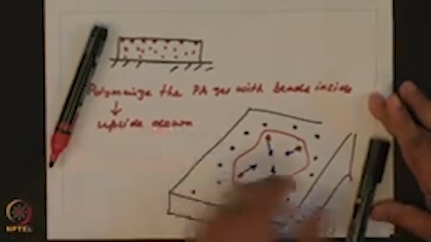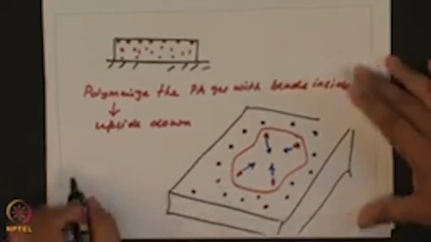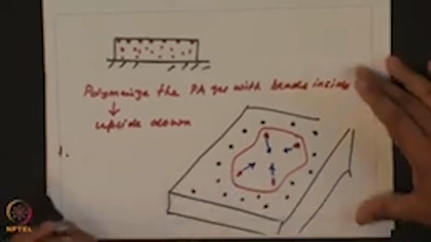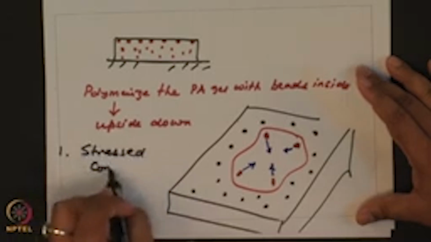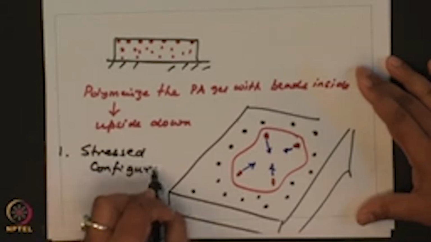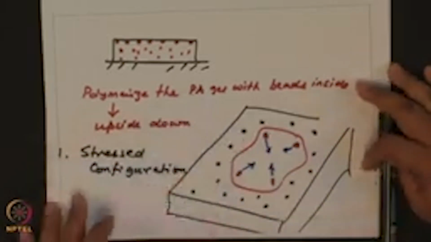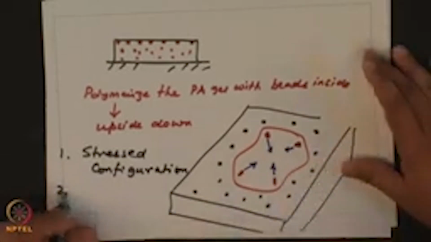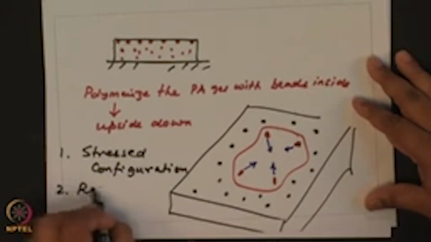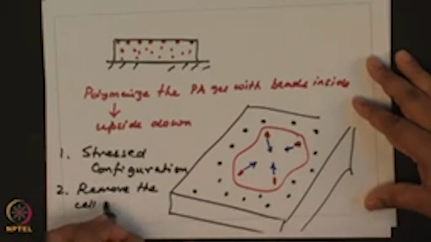So, what you do after you plate the cells on these substrates, you take one image in the stressed configuration. Okay. So, imagine these black dots are the positions of the beads in the stressed configuration. Then what I do? I remove the cells using trypsin.